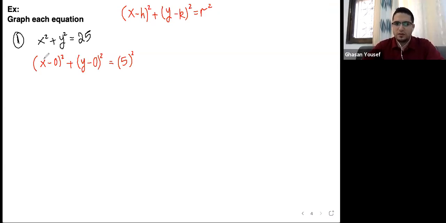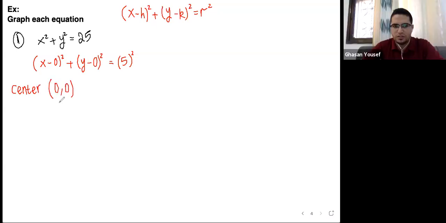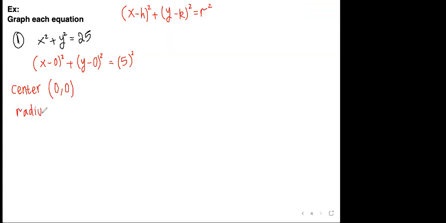Now, this equation looks exactly the same as this equation. What is my center, Ahmed? Your center is 0, 0. 0, 0, it's called the origin. What is the radius? 5.